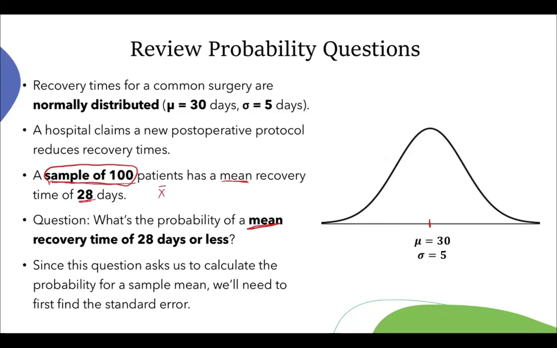This problem asks us to calculate the probability for a sample mean, so we need to find the standard error first. Because we're going to be using the sampling distribution, not the population that we have here. We're going to be using the sampling distribution to calculate our probability.